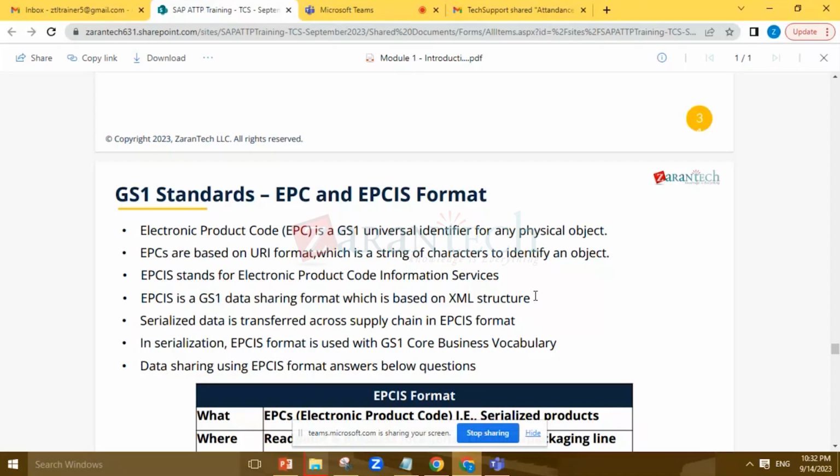That format is known as EPCIS. All these files are in EPCIS format, and EPCIS follows the XML structure. So serialized data is transferred across the supply chain in EPCIS format, and EPCIS usually follows the GS1 vocabulary, GS1 tags like GLN, etc.